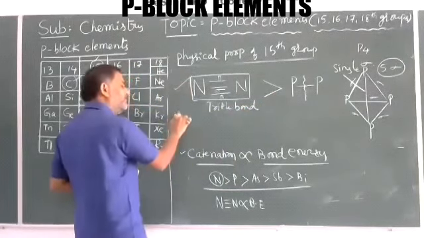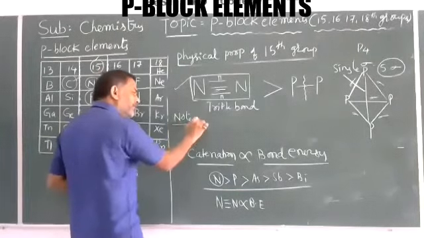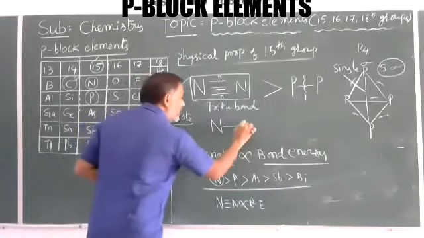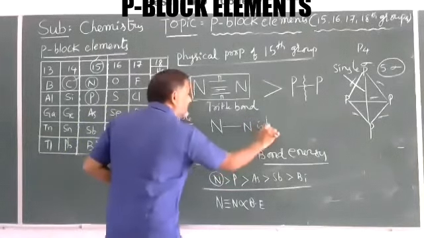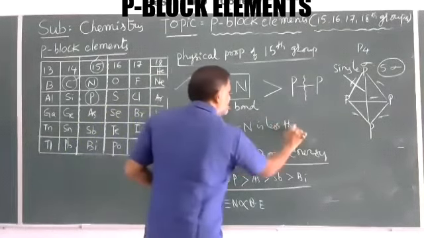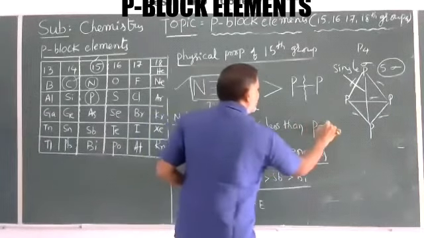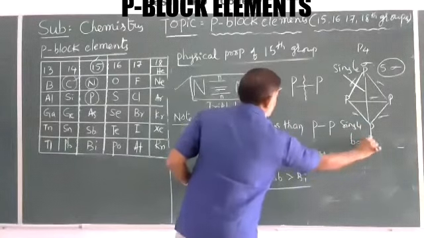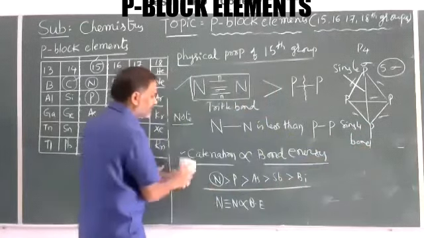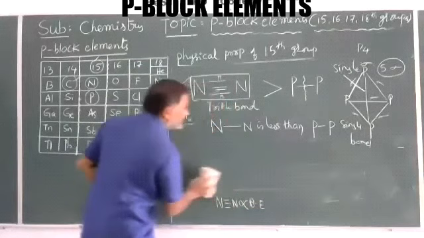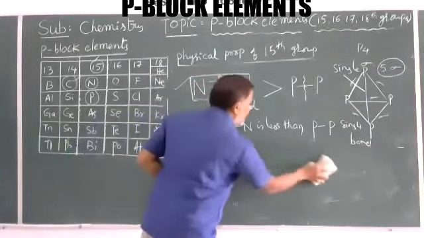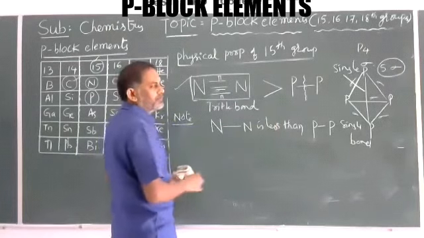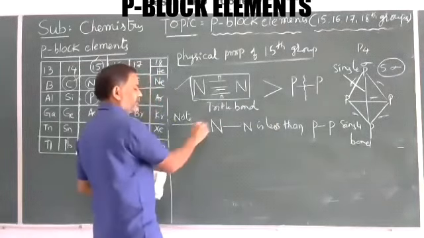The important thing to note here is that the nitrogen single bond energy is less than the phosphorus and phosphorus single bond. Why? Very, very important. Generally, nitrogen triple bond energy is more than the phosphorus single bond, but here it is reversed.